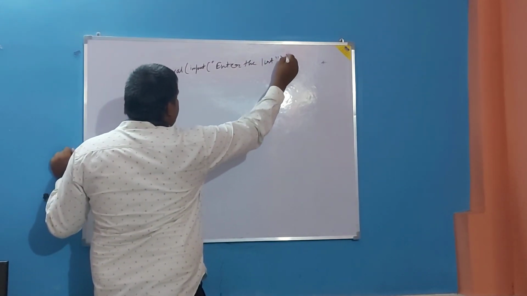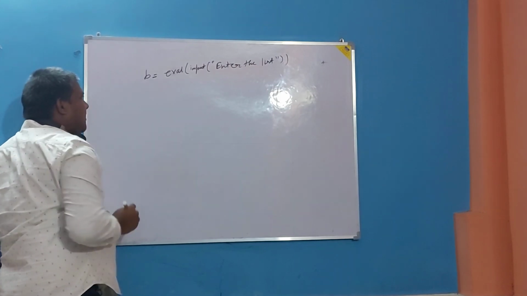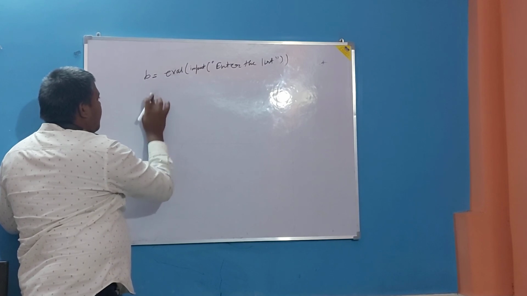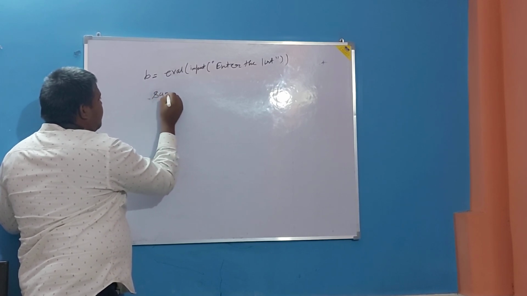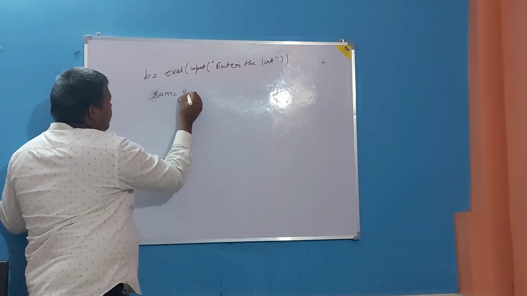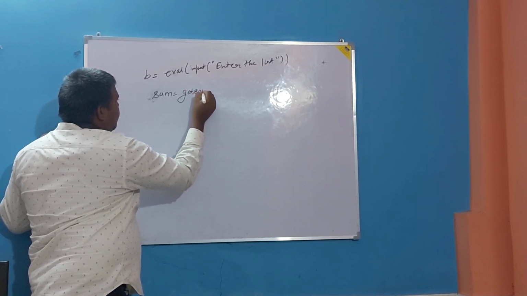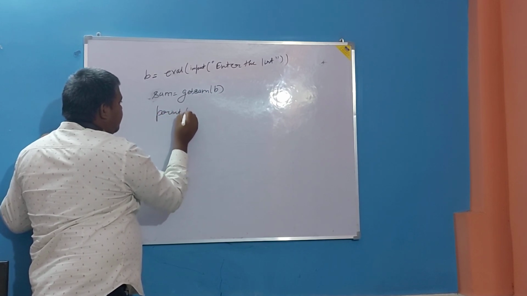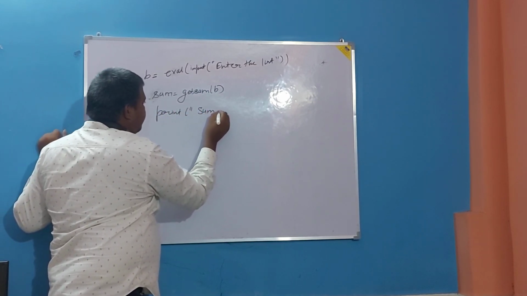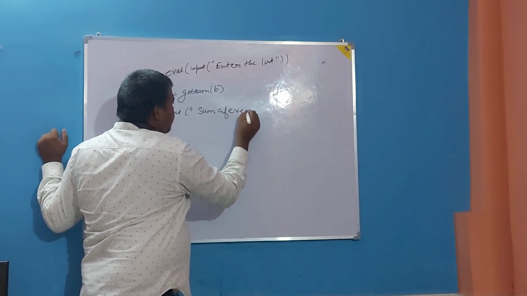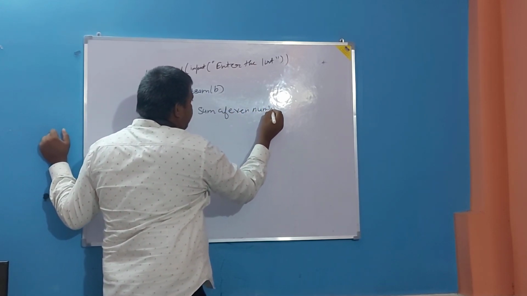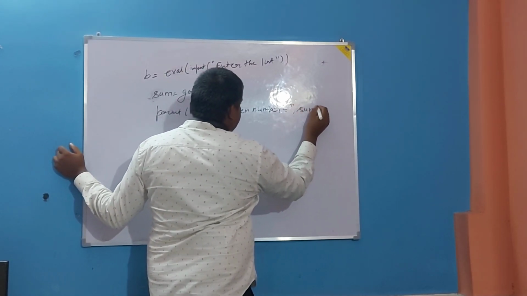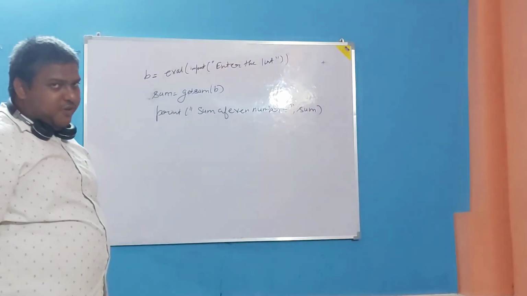Clear? And then we have to write sum is equal to get sum inside the b, and we have to write print sum of even number is equal to, comma, sum. Now the program is completed.